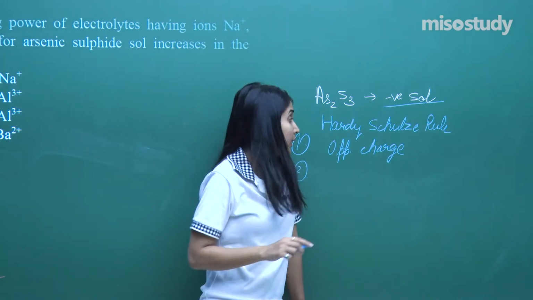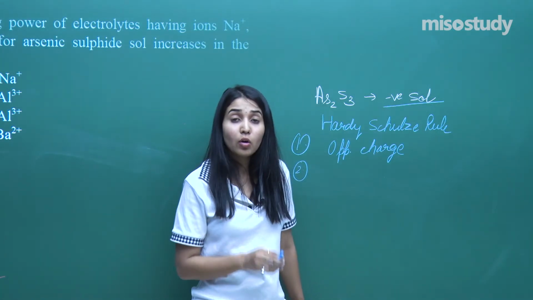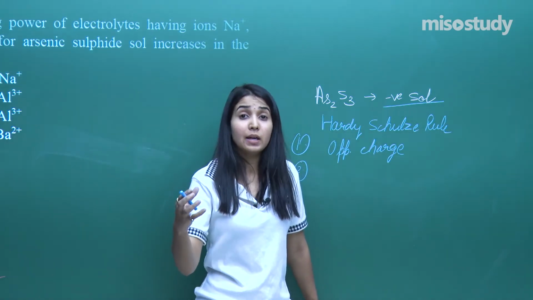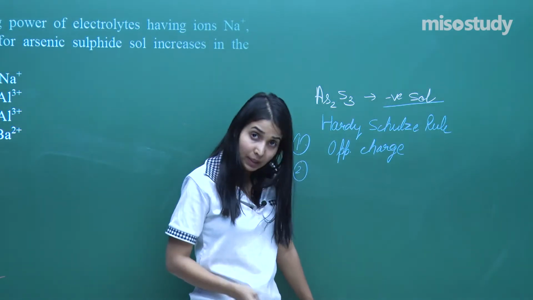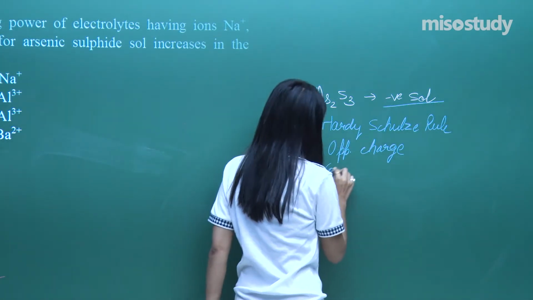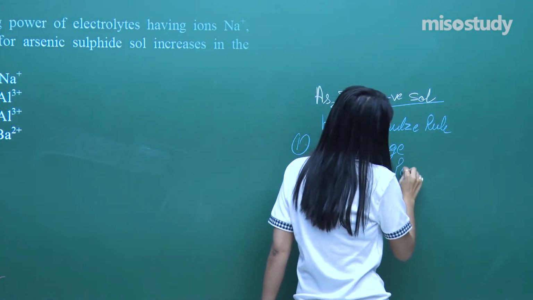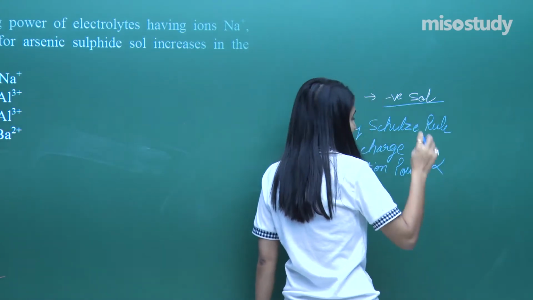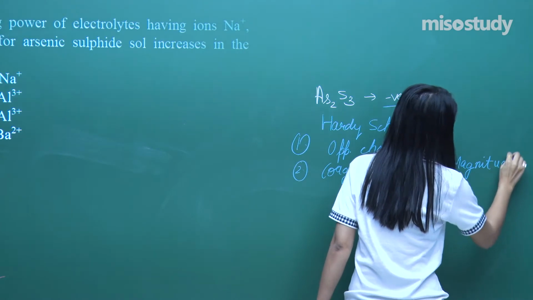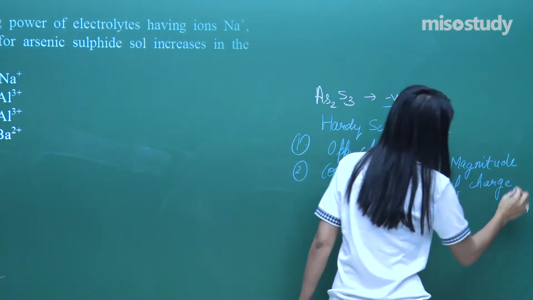Then what did it say? It said when you have got the opposite charge of the system, the coagulation power will increase with the increase in the magnitude of the charge. That means the coagulation power is directly proportional to the magnitude of charge, right?